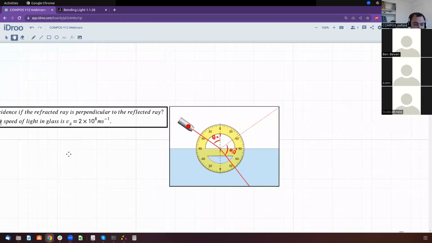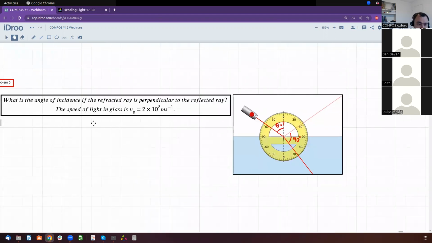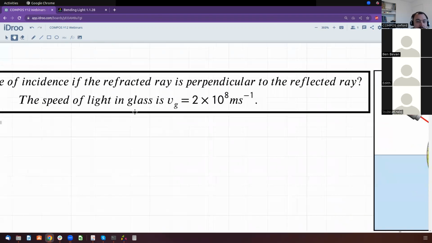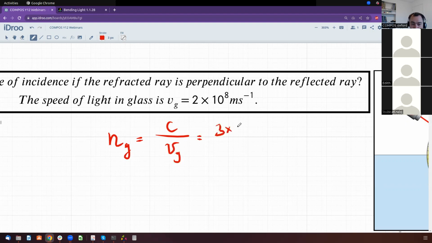Okay, so they give us the speed of light in glass, and that means we can find the refractive index. The refractive index of glass is the speed of light in vacuum divided by speed of light in glass, which is 3 times 10 to the 8 divided by 2 times 10 to the 8, which gives us 1.5.